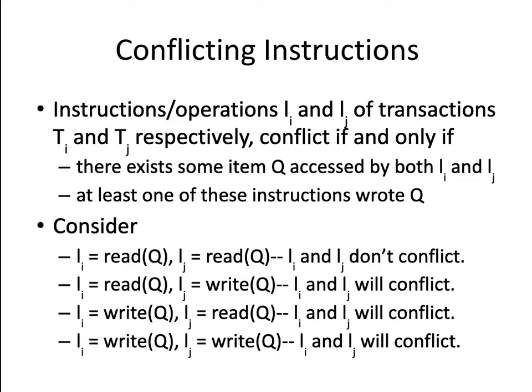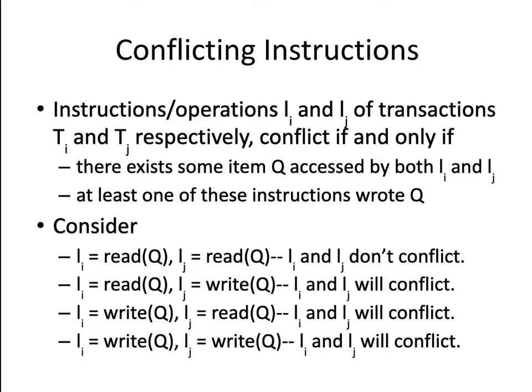they are accessing the same item. The item name could be anything; here we have written it symbolically as Q. And at least one of these instructions should write Q. That means one operation should be a write operation over the same item that has been accessed.